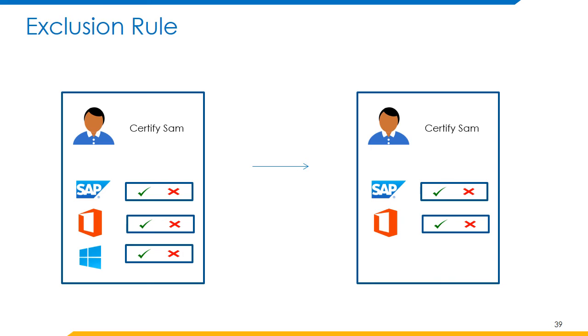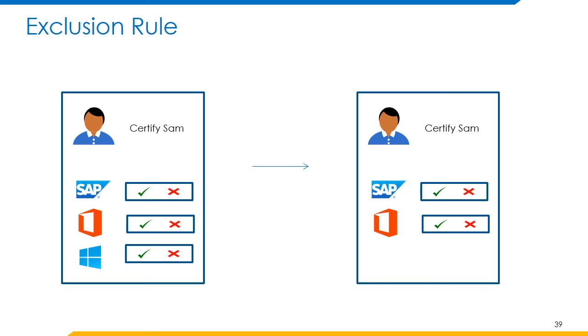Now, while running a manager certification, there is no point in certifying the identity for account group present in the previous certification. In such scenarios, we try to remove the certification items from present certification items using an exclusion rule.